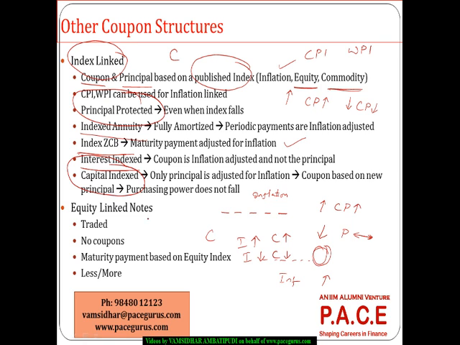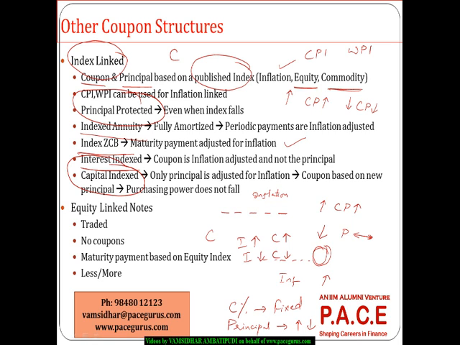Whereas on the other side, we talk about a capital indexed coupon structure wherein the coupon percentage is fixed. So the coupon rate does not change with inflation, but it's only the principal amount that typically goes up or down.